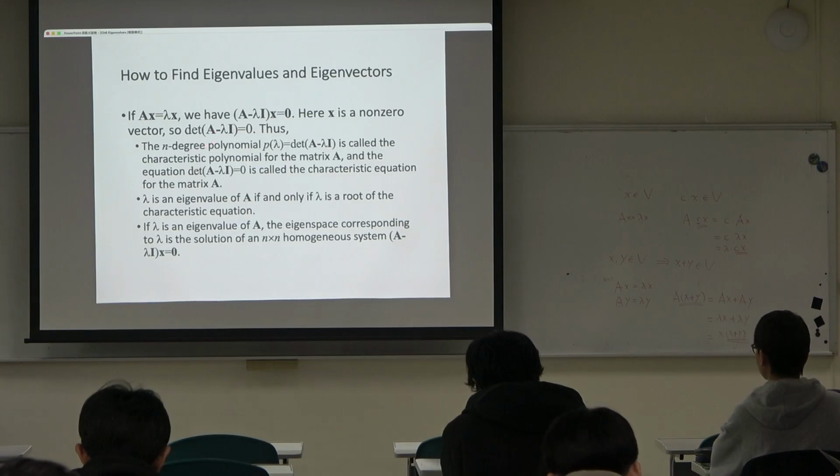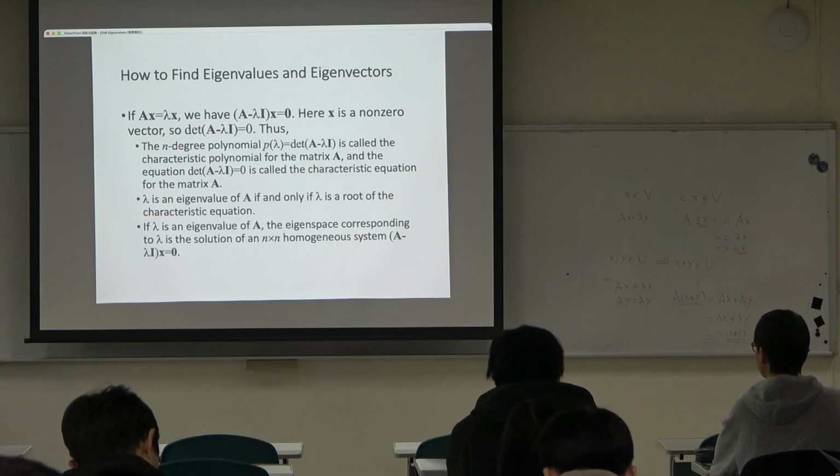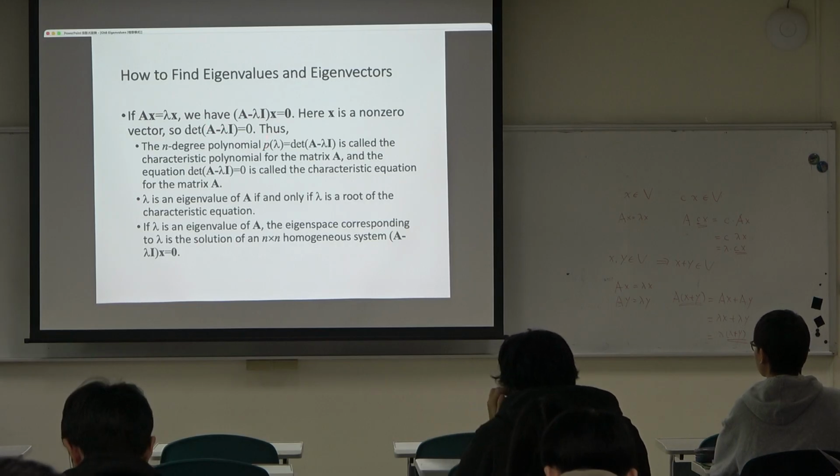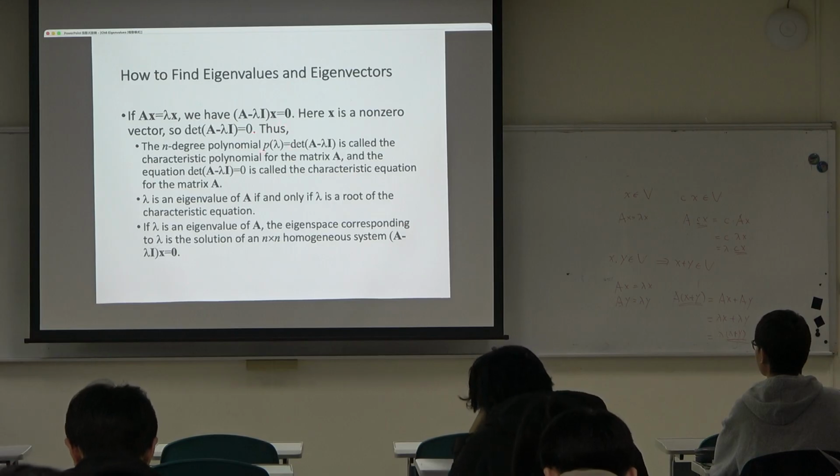The determinant of this gives us a polynomial in lambda.